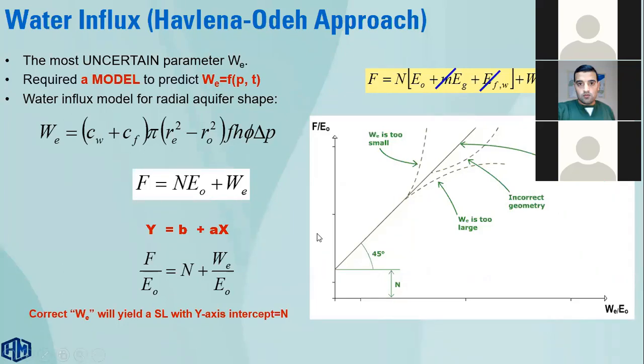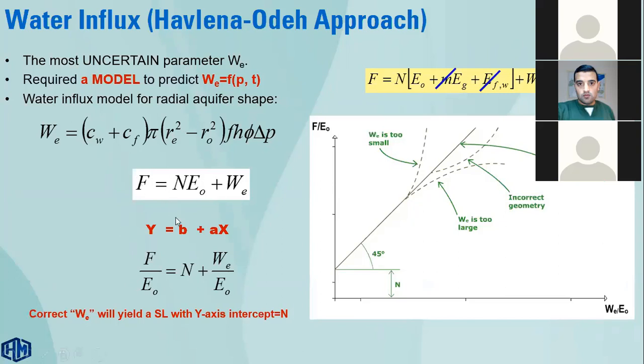We have to have a water influx model to predict W sub E as a function of pressure and time. We typically have different water influx models like Carter-Tracy, Fetkovich, Hurst-van Everdingen, and so on.